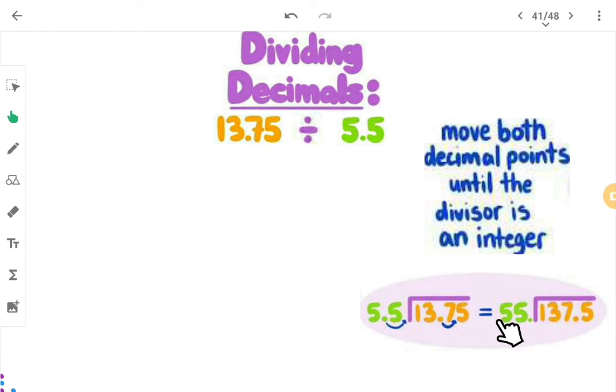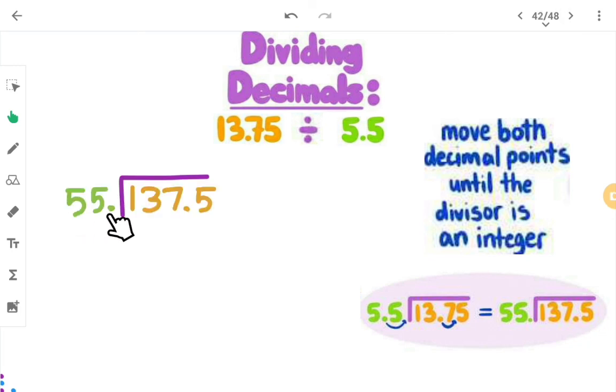So I will get 55. Okay? Yes. And if you are having a decimal in the dividend, don't bother about it. We'll do it. Yes. So you are going to divide 137.5 by 55. So how many times will you get? Normal division, 2 times. So 55 into 2 is 110. Then what is the next step? We are going to subtract it.